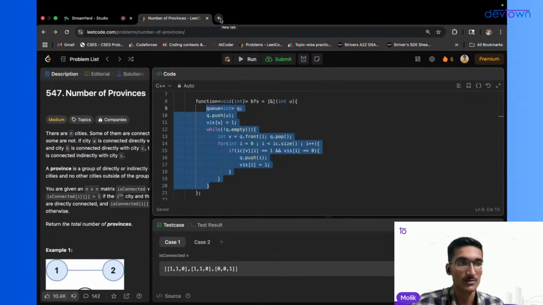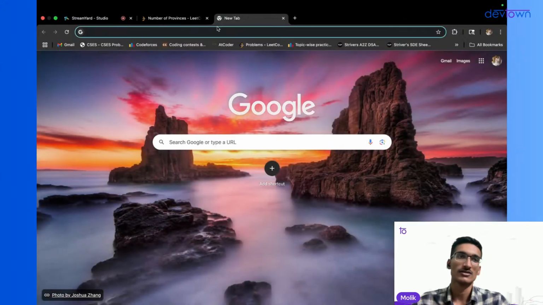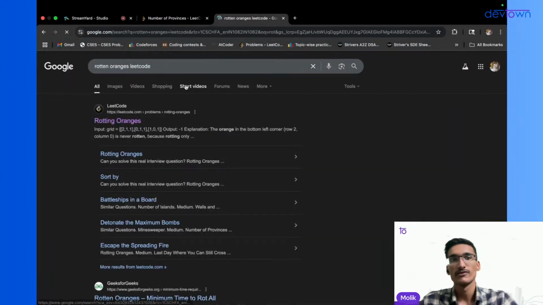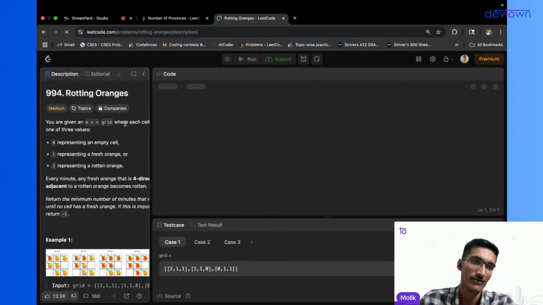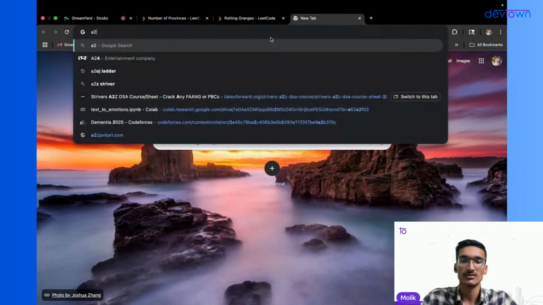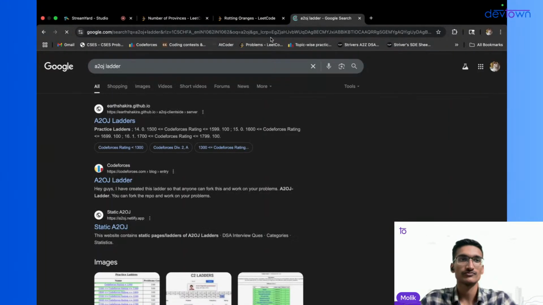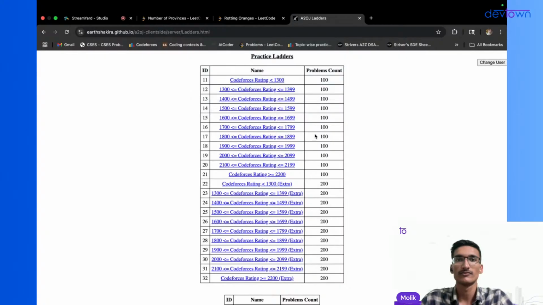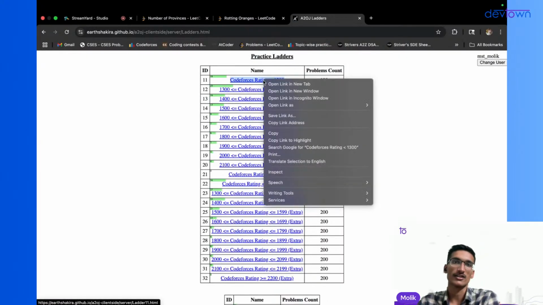I'm talking about LeetCode problems because they are generally very straightforward. If you know the algorithm, then write that algorithm and it will be accepted. If you're talking about Codeforces and all, then you can solve this A2 ladder.